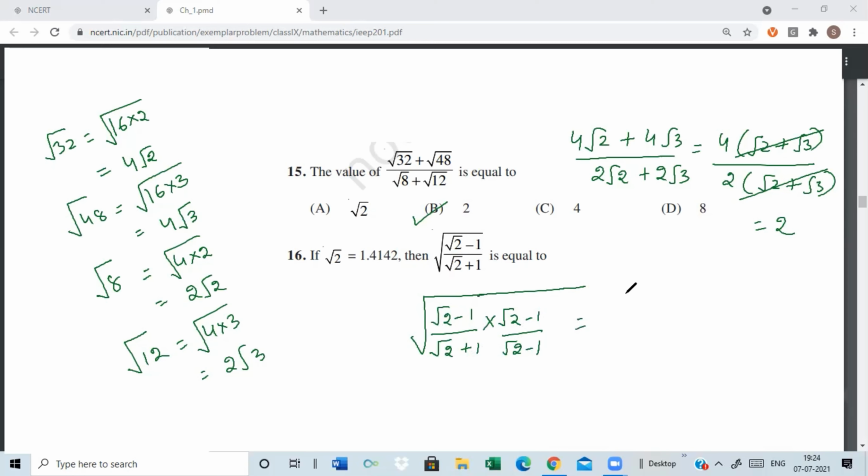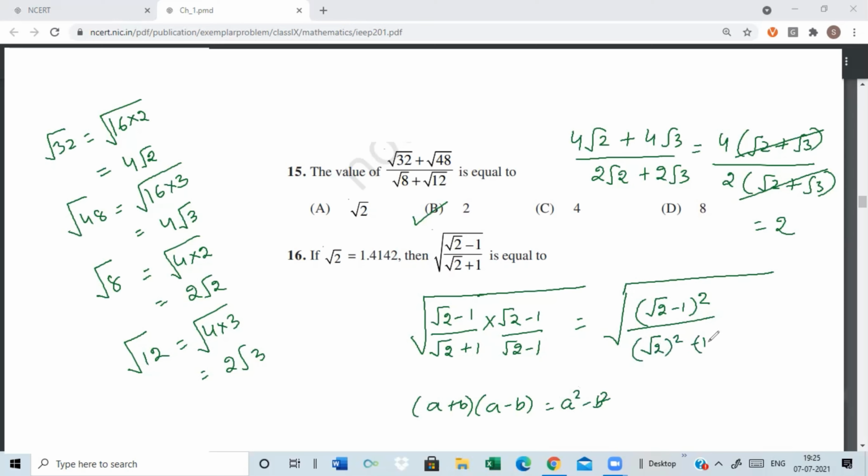Everything inside the square root, here we get root 2 minus 1 times root 2 minus 1, which becomes root 2 minus 1 whole squared, and the denominator is, again using the identity a plus b times a minus b equal to a squared minus b squared, root 2 squared minus 1 squared. Now root 2 squared is 2 and 1 squared is 1. So the denominator comes equal to 1 and the numerator remains the same, root 2 minus 1 whole squared.